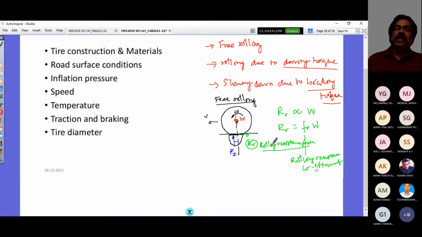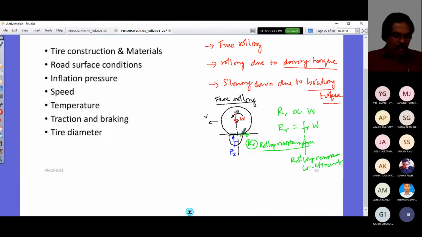So this is some basic theory behind how this rolling resistance force comes into play, right? That is why you have seen that the rolling resistance force is accounted for in our free body diagram of the whole vehicle when we consider the tire-road interaction point, along with the tractive force consideration and the braking force consideration. So this is inevitable. And if you take the free rolling condition, it is the only force that would be there in the longitudinal direction during the drive, right?